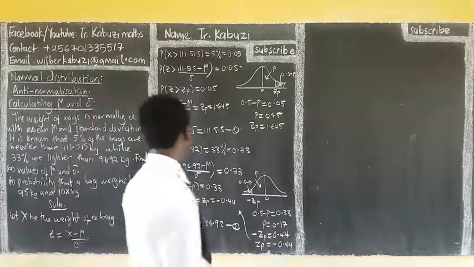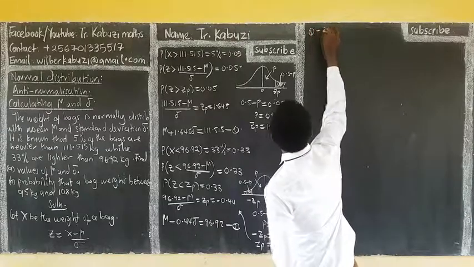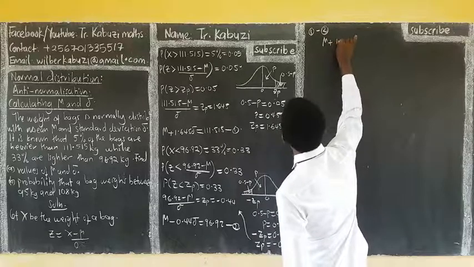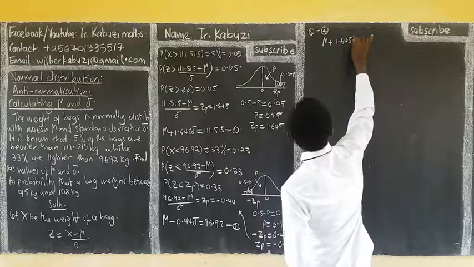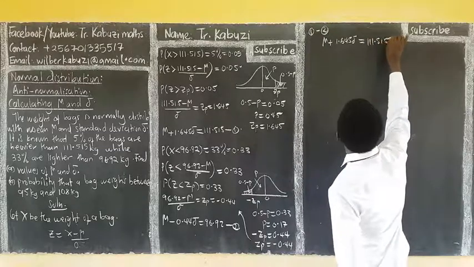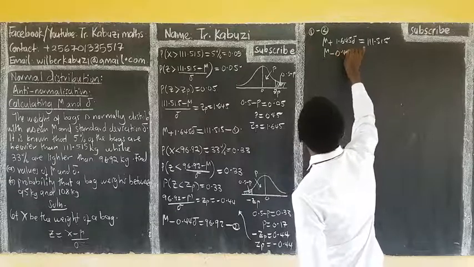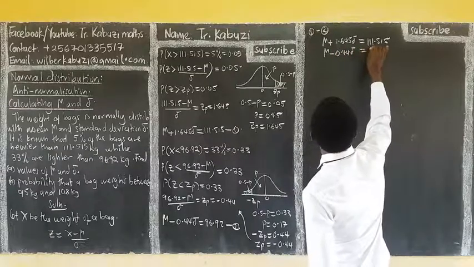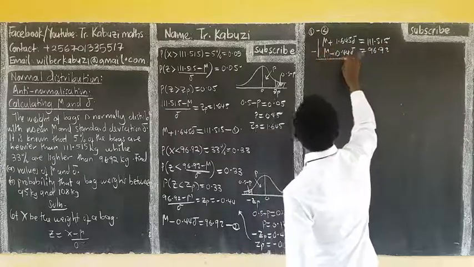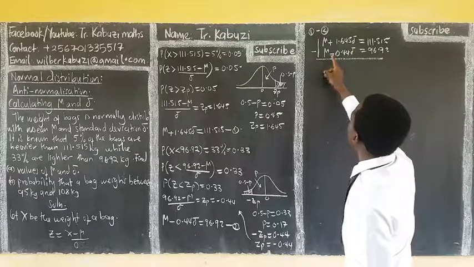How do we get this? We have two equations, so we are going to say 1 minus 2. When you say 1 minus 2, mu will go. We shall be adding this minus minus, which we shall just add.